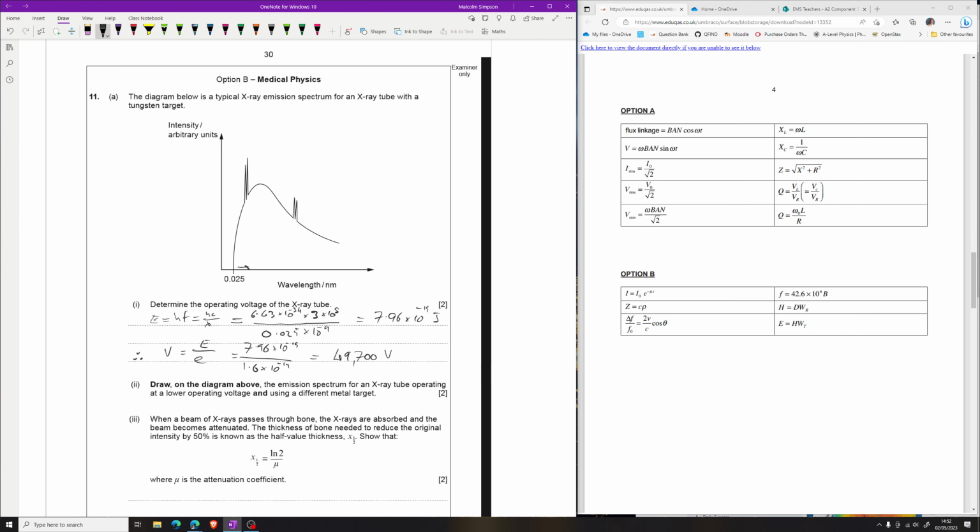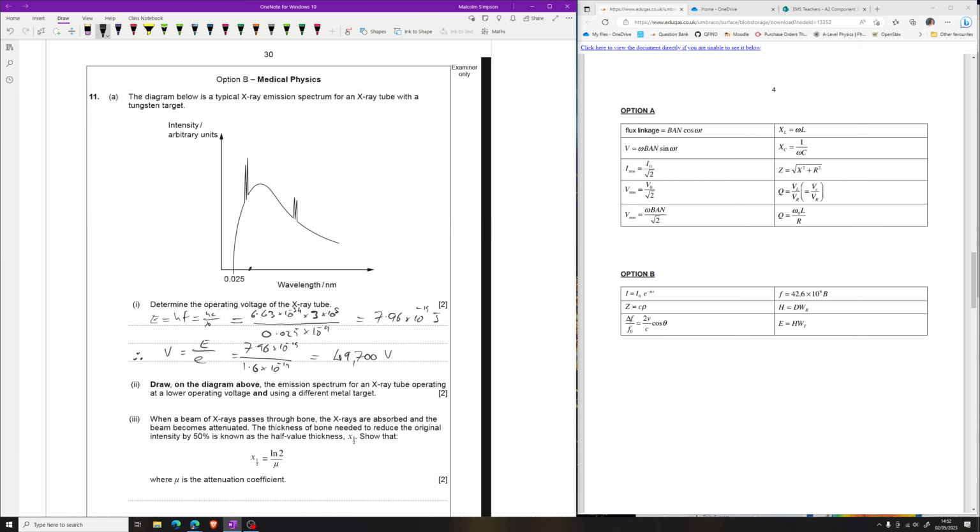So this needs to shift that way, so we're going to start at a higher wavelength. The second thing, that lower voltage is going to mean less energy generally, so the intensity is going to be lower. So we're going to get a similar graph, but kind of shifted in this general direction.